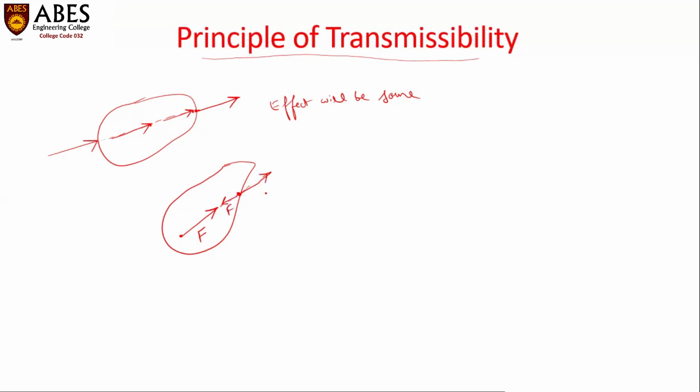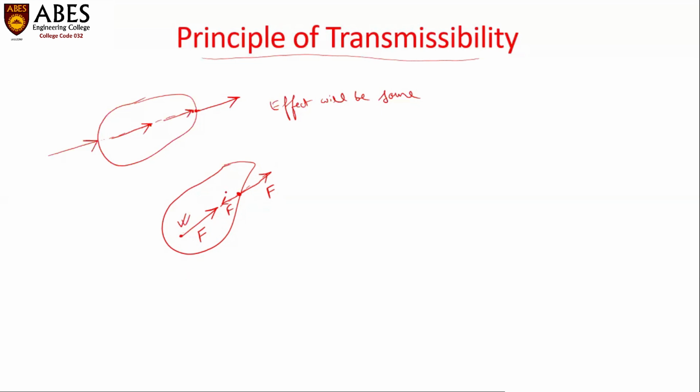The magnitude of these two forces is F. There will be no change in its effect because the magnitudes of these two forces are equal, but the directions are opposite. So the net effect of these two forces will be null and void, zero. Ultimately, only one effective force is there, the initial one, which I described earlier.